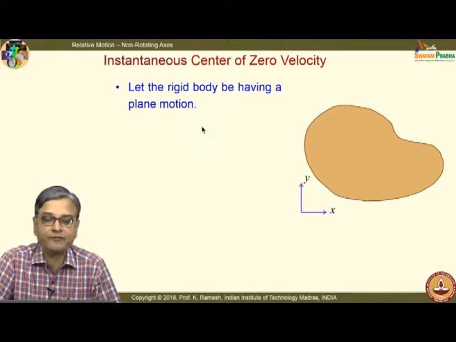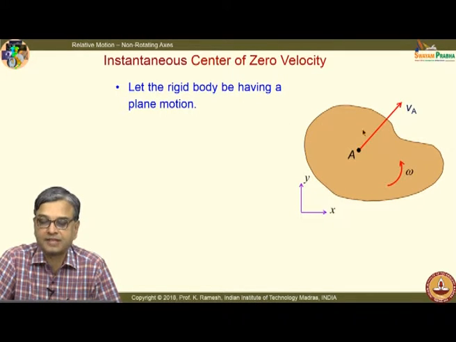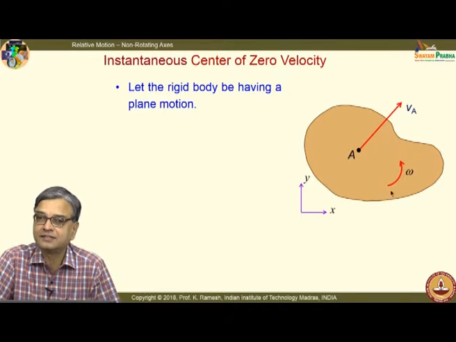And how do I find the instantaneous center? Let us consider a rigid body having a plane motion. When I say plane motion, it has a linear component of translation as well as a rotary motion.